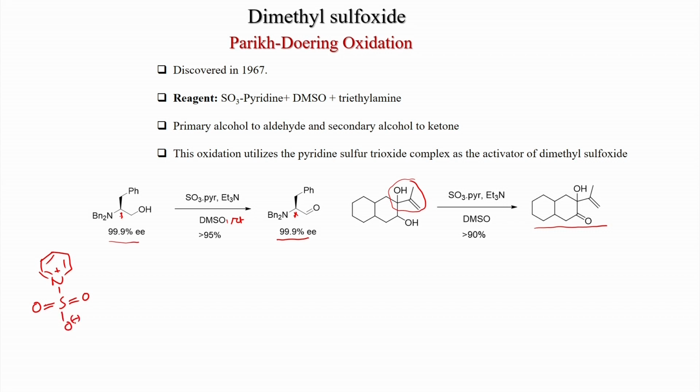So, this is the SO3 pyridine complex. Now, DMSO reacts here. So, pyridine is out, and now you get this sulfate.